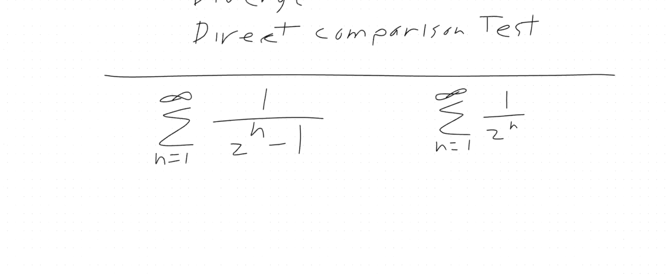But in this case, our bottom is smaller because we're subtracting something, so it's bigger than our comparison. Since our comparison is going to converge, we can't say anything about the bigger one. So the direct comparison test does not work. However, they're going to act in similar ways, so we should be able to do some type of relationship.